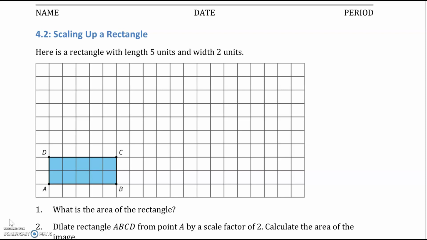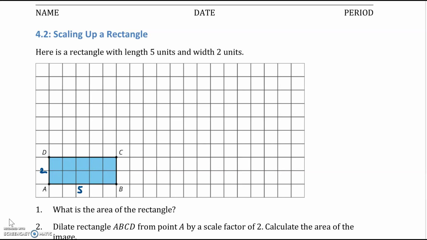We want to know what is the area of this rectangle. So a couple different ways we could do that. We know that we have a length of 5 units and a width of 2 units, so we could count up all of the 1 by 1 squares inside there and get 10 square units, or we're quite a bit smarter than that.